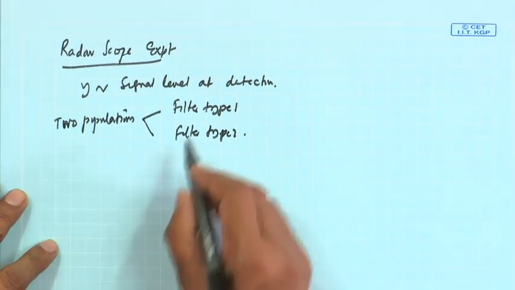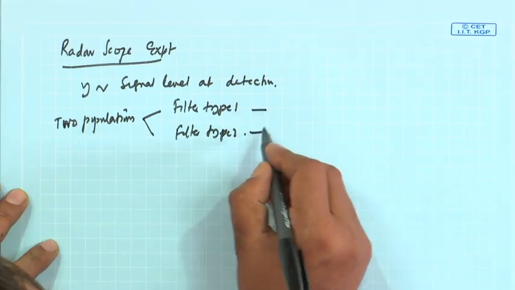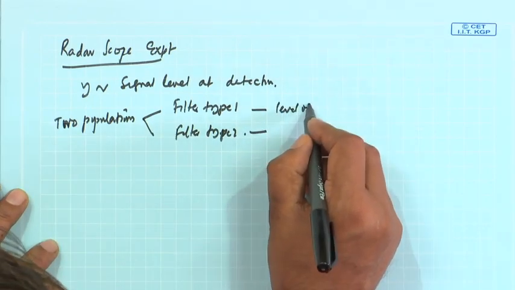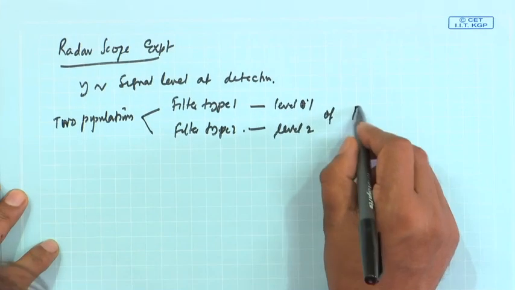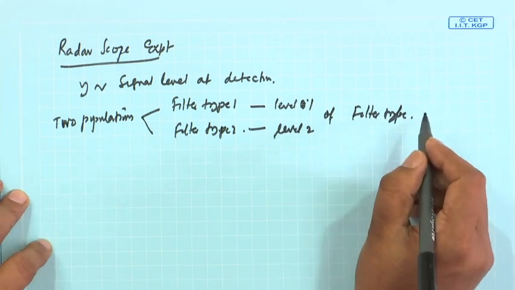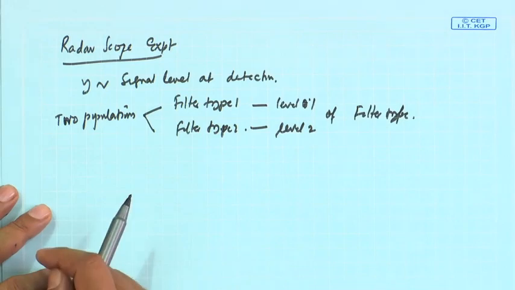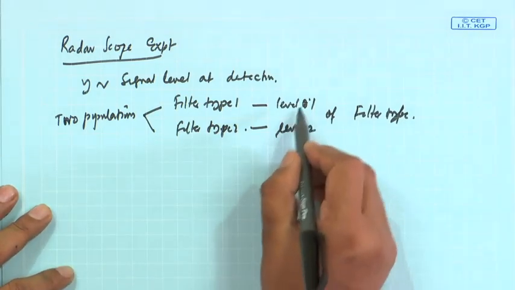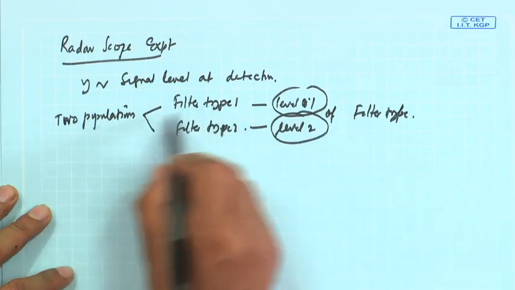Please remember, these are the two levels, level 1 and level 2, of filter type. When I explained the experiment in the first few lectures, we said there are two levels, so factor levels are treated as populations.